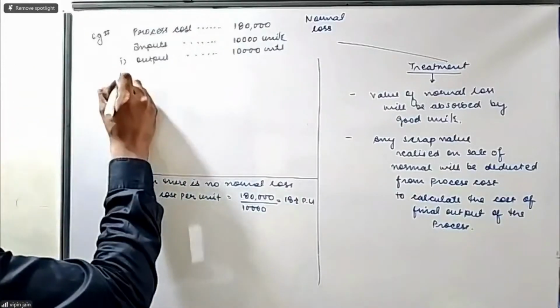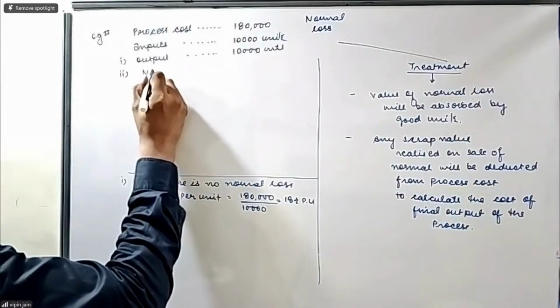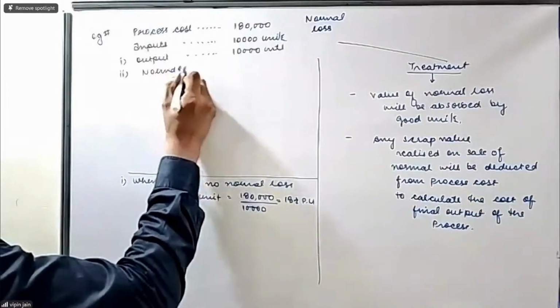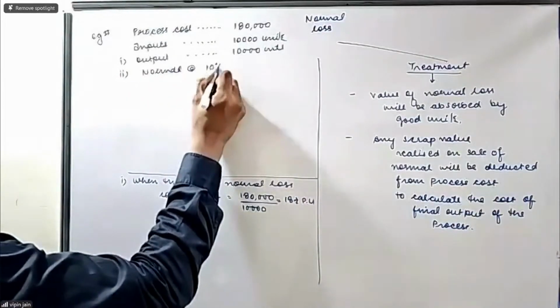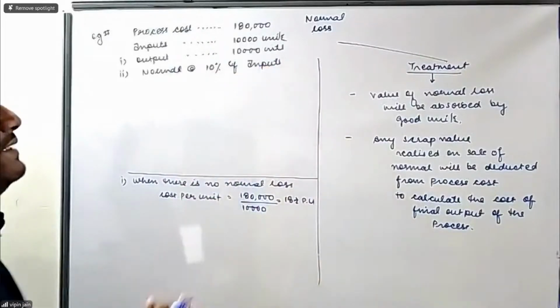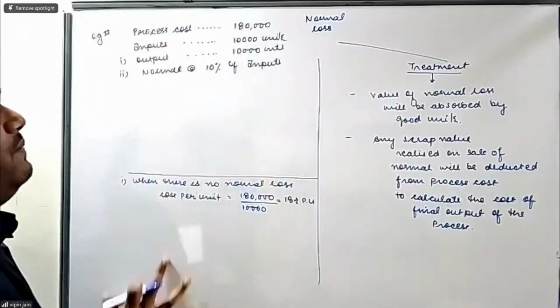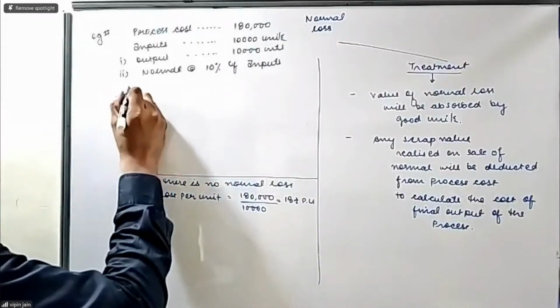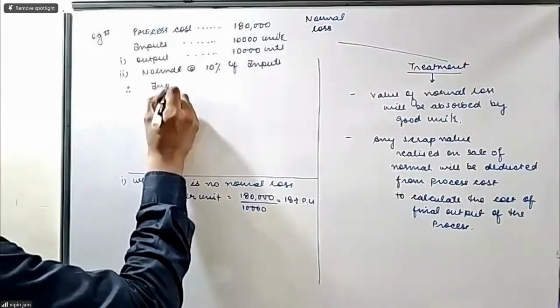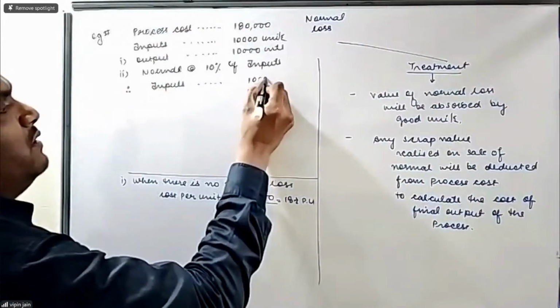Now let's take the second case. Normal loss is given at the rate of 10% of input. My inputs are 10,000 units.